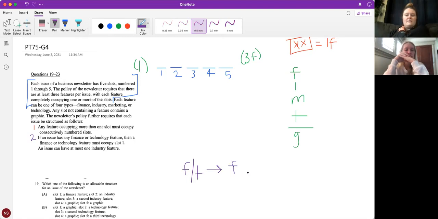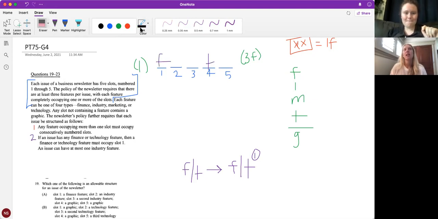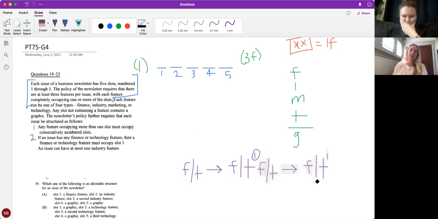I think what makes this one confusing is you could have a technology feature in 4, but that's fine as long as you build a tool by putting finance in 1 or something. Yeah, that's true. That's what got me confused, because for a second I thought it meant only F or T could be in 1 and 2, but then I had to reread it and figure out that is not the case.